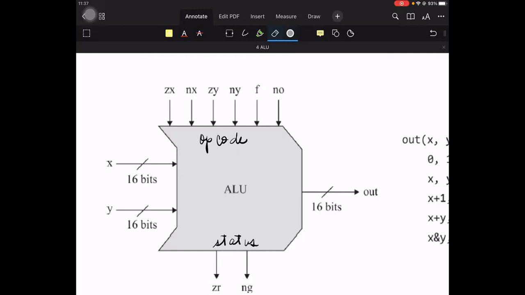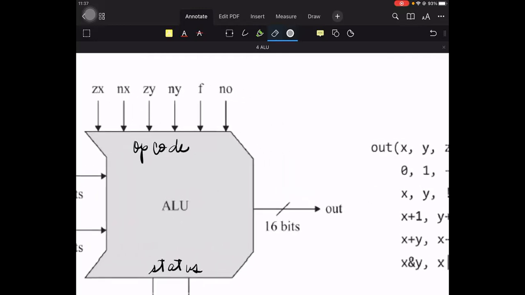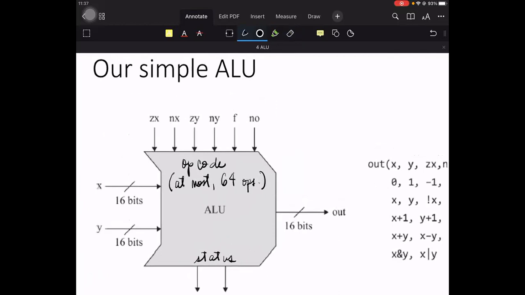So theoretically, we could define at most 64 operations for this simple ALU of ours. But that would run very long.